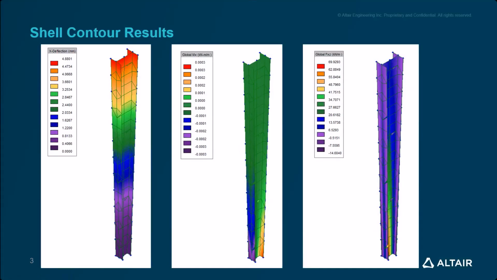For example, here we have the shell contour results for that same element that we reviewed a moment ago. We can see how the deflection is working, how the global moment is going for that shape, and also we have a global FXZ graphical representation of these results.